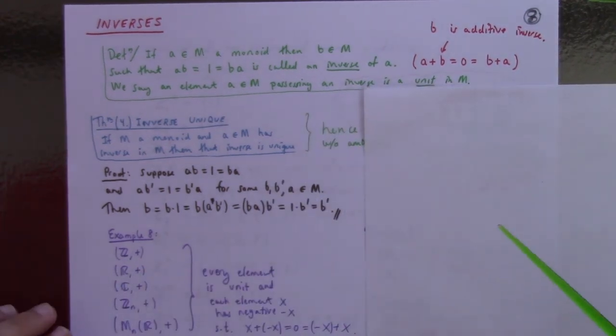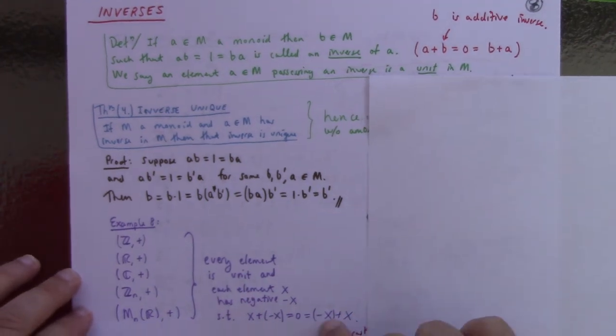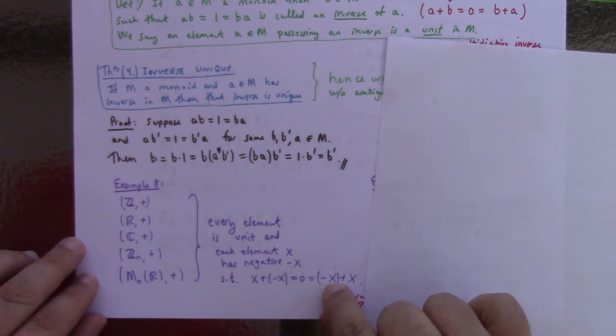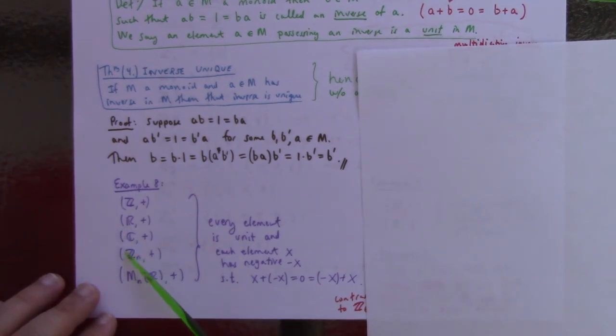Some examples. First of all, if we're dealing with the additive monoid Z, the reals, the complexes, Z mod n, n by n matrices over the reals.